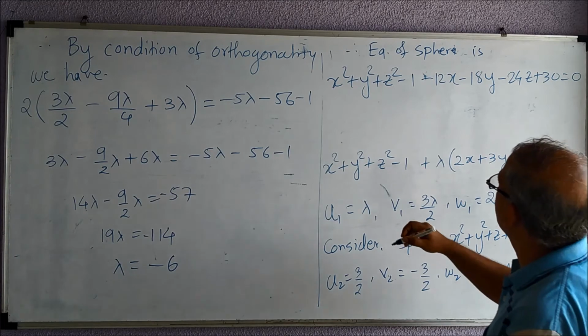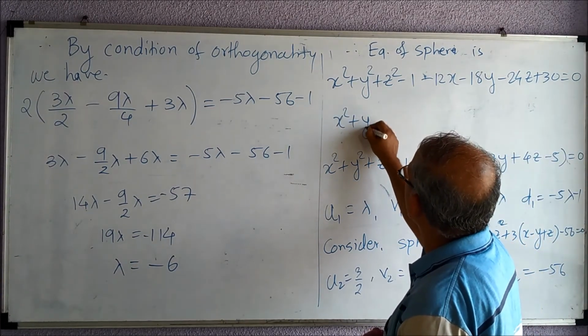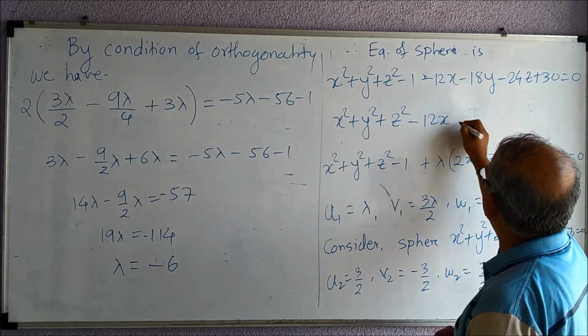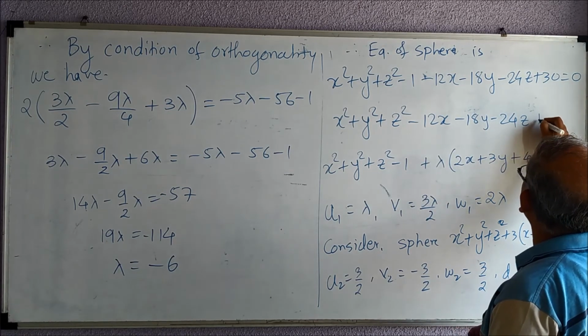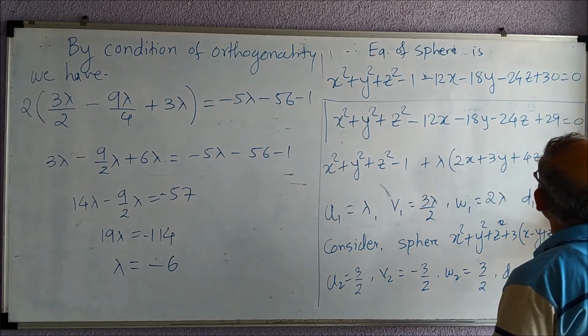If we simplify, we write this as x square plus y square plus z square minus 12x minus 18y minus 24z plus 29 equal to 0. So this is the final answer.